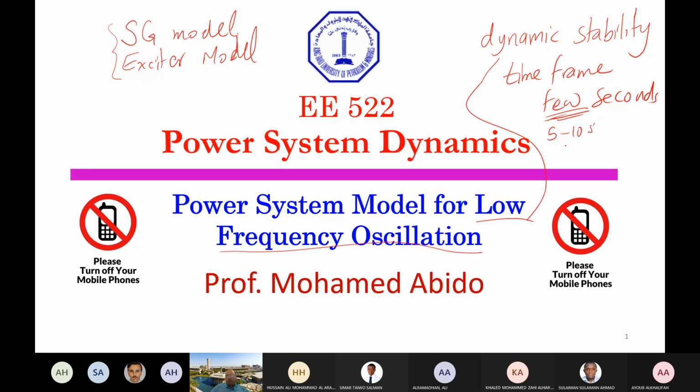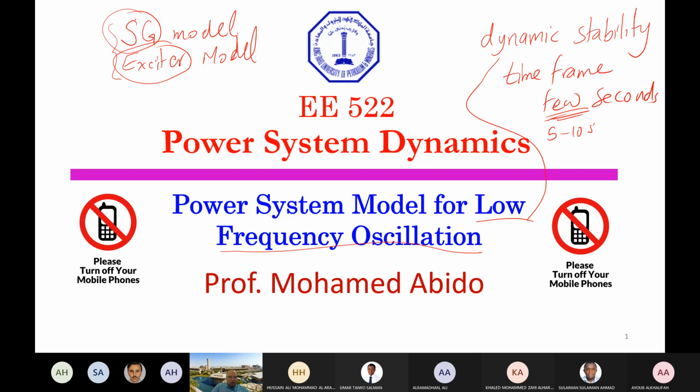If we increase the time to minutes or so, we can have the governor model and turbine model, the mechanical part of the system. Okay, so this is the topic for today, inshallah. We already discussed the synchronous generator model, and we also discussed the exciter model.